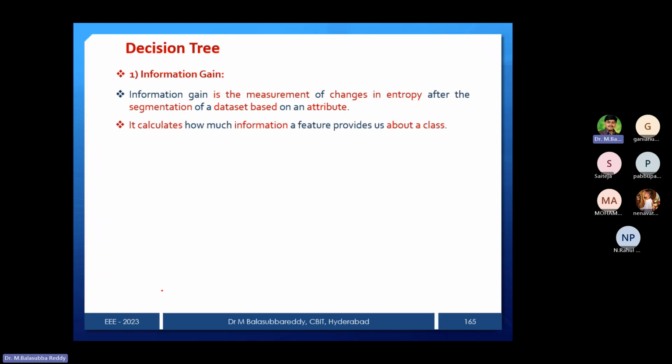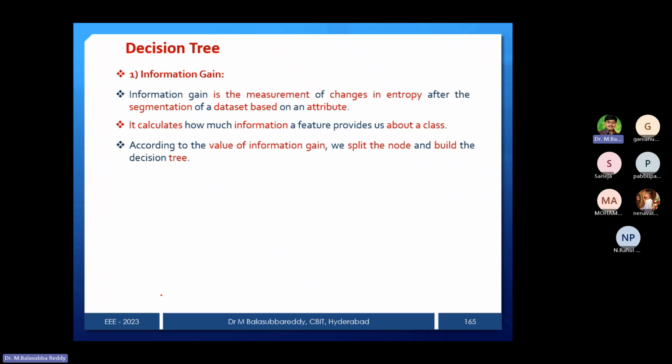It calculates how much information a feature provides us about a class. According to the value of information gain, we split the node and build the decision tree.